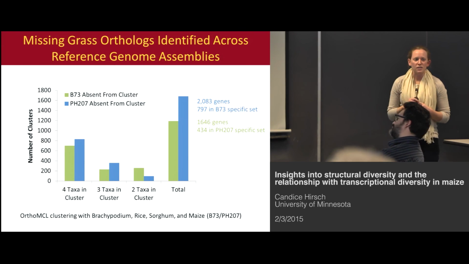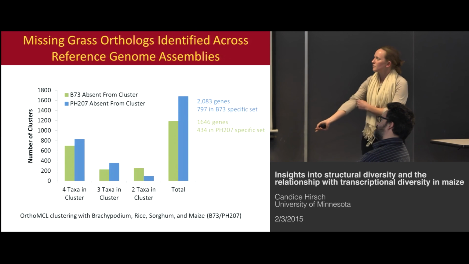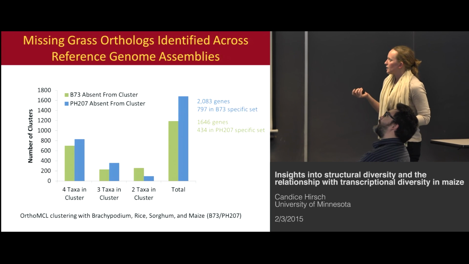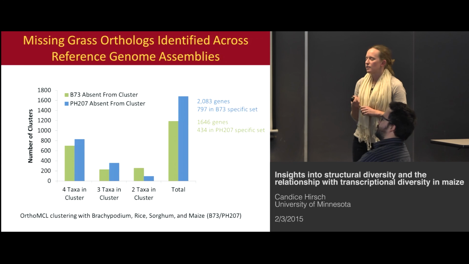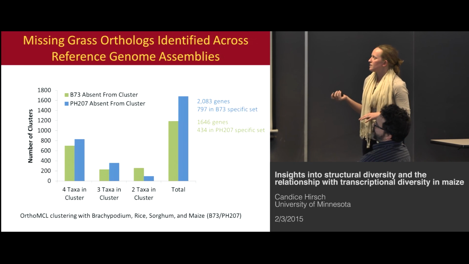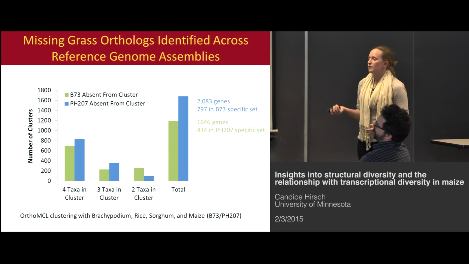So what does that mean when we start thinking about doing comparative genomics between species? So here we just did ortho-MCL analysis with Brachypodium, rice, sorghum, and maize. But instead of just using B73, we put B73 and PH207 into the analysis.